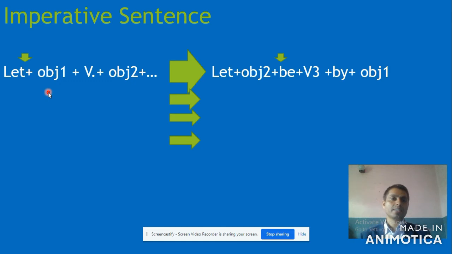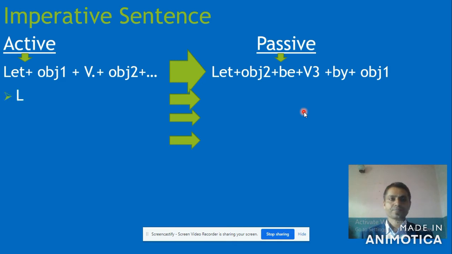Imperative sentences, right? So let plus object 1 plus verb plus object 2. There might be two objects in an imperative sentence. Then here let plus object 2 written very first, plus be plus verb 3, the past participle from the verb, plus by plus object 1 written at last. You will be more clear from example sentences, right?